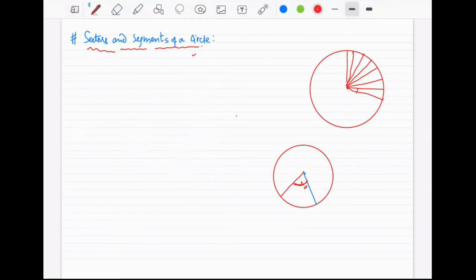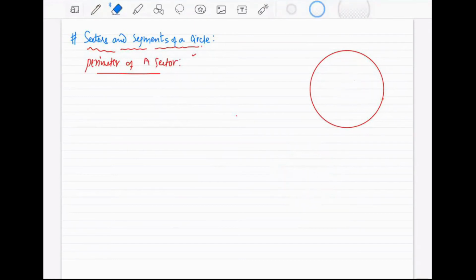Now come to the perimeter of a sector. Let me rub it off. This one is the center, and we have a sector right here. The length of this part right here is the perimeter of a sector. What does it consist of?